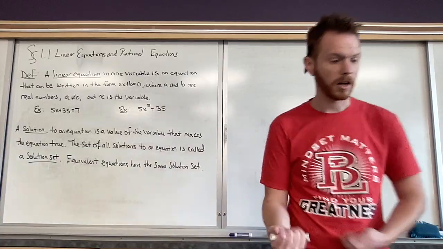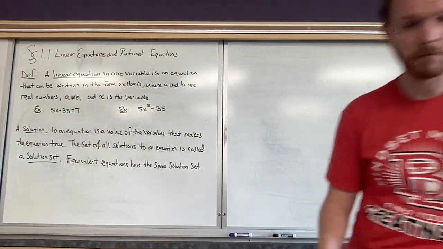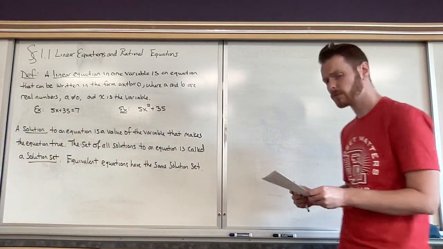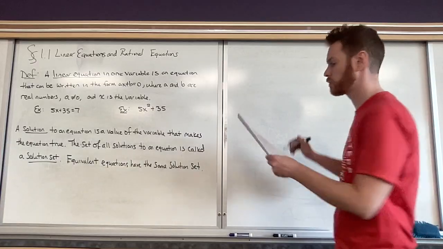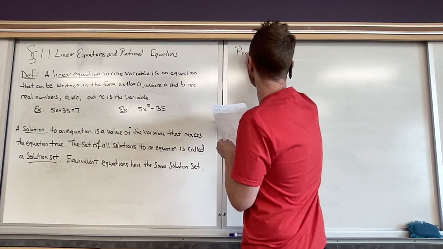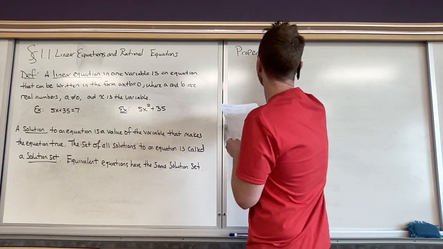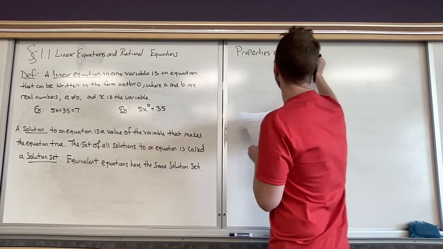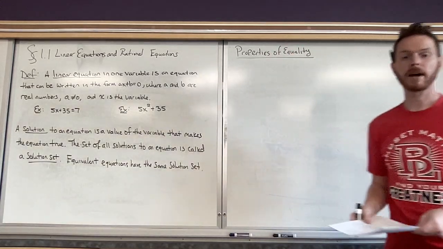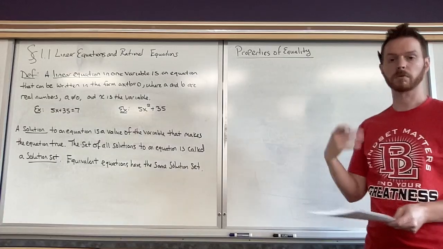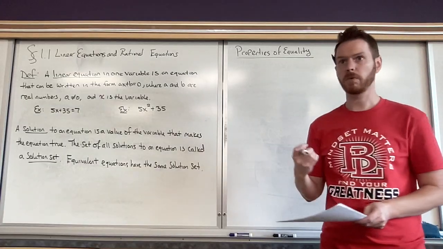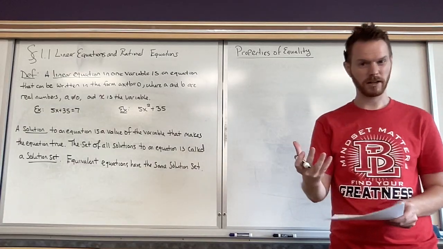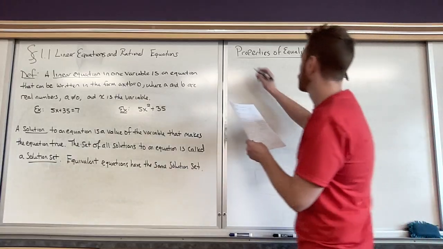Alrighty, so let's continue. We have a couple properties that we're going to talk about as well, some properties of equality. You already know this from your prior math courses. This is just a good review or refresher, but most importantly, it's a way to see how this is written mathematically.